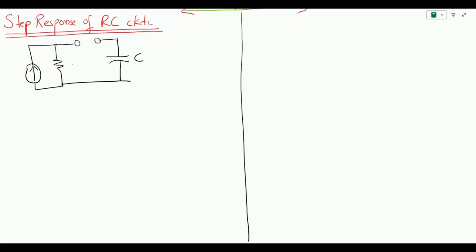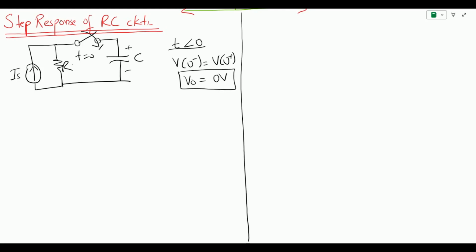So this is our switch. At time equal to 0, this current source is going to create the amount of charges across the capacitor. When time was less than 0, the initial voltage, which we consider to be equal to the final voltage, is basically 0 volts. So V naught is basically 0 volts when the time was less than 0.